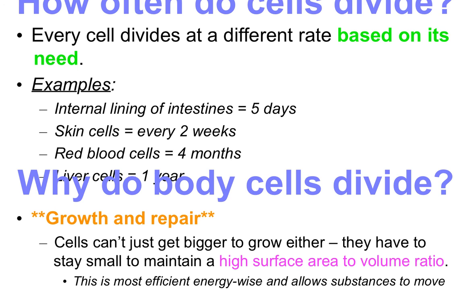They have to maintain that high surface area to volume ratio. That allows them to move stuff in and out and maintain homeostasis more easily if they stay smaller. So this is the most efficient, energy-wise way that allows substances to move in and out of the cell's body easily and maintain homeostasis.